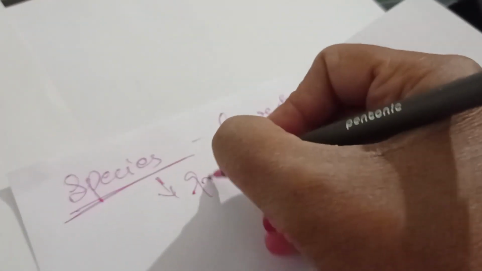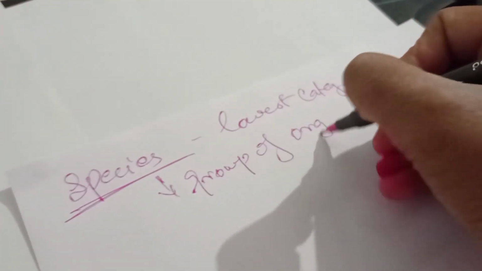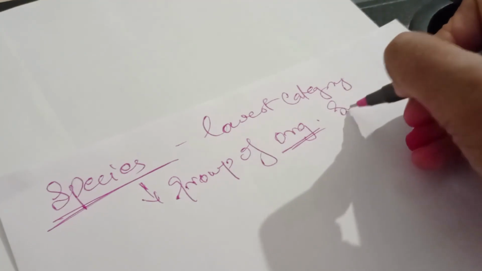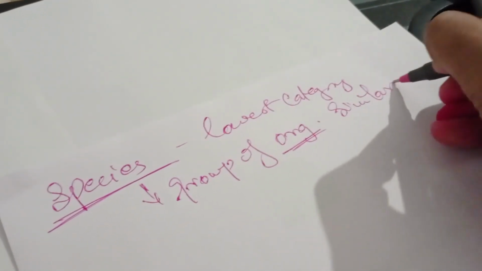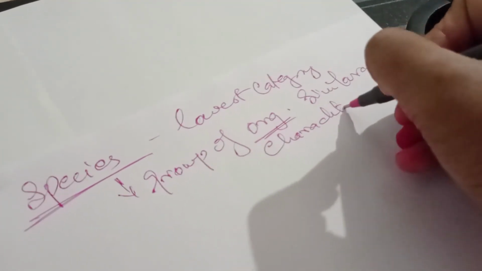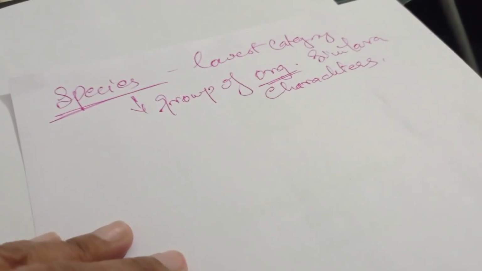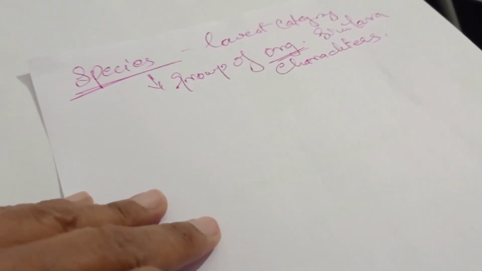A species is a group of organisms having similar characters. I told you that this classification is based on the characters. Characters means some similarities and some dissimilarities.